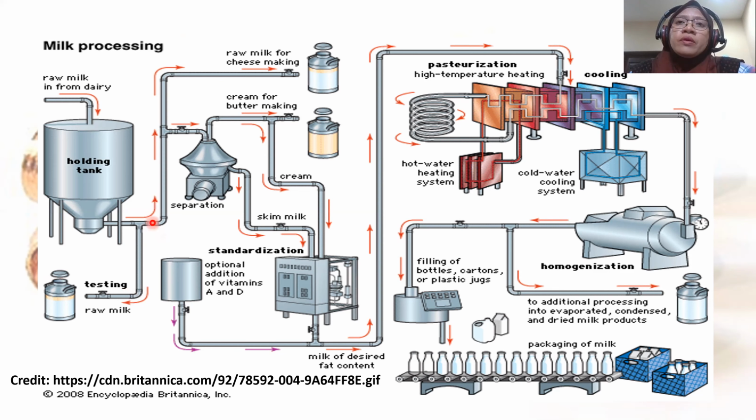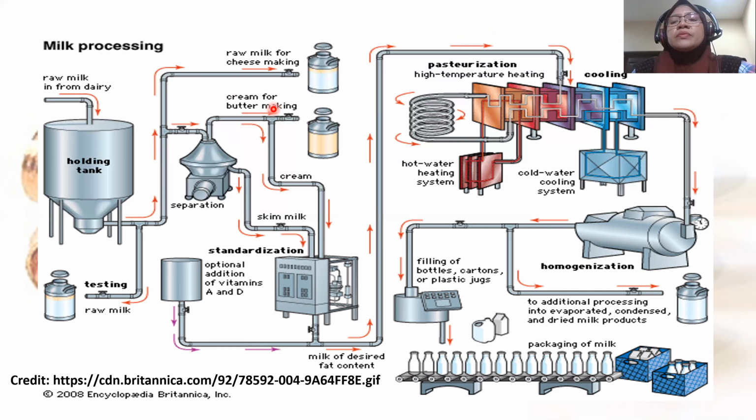And the main flow of this piping system from the holding tank will be transported to the next plant, where it will produce cheese, and the milk is also transported into the separator, where this separator will separate the milk into cream and skim milk.